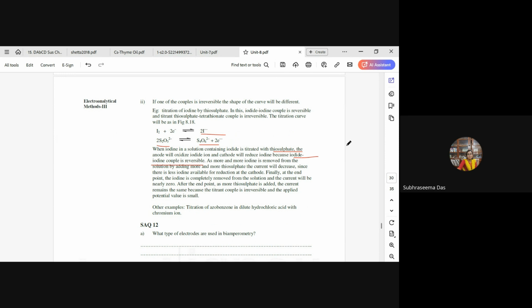As more and more iodine is removed from the solution by adding more thiosulfate, the current decreases, because there is less iodine available for reduction at the cathode.